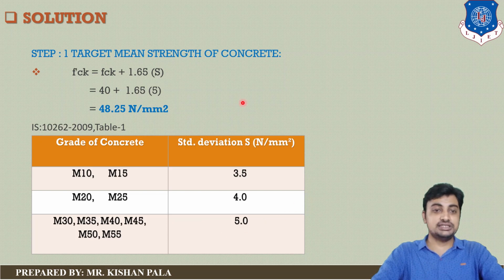So we can calculate 40 plus 1.65 into 5, and the target mean strength of the concrete is 48.25 Newton per mm square. This table is given in Indian Standard 10262:2009, Table 1.